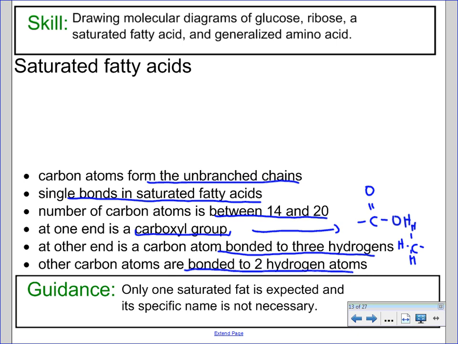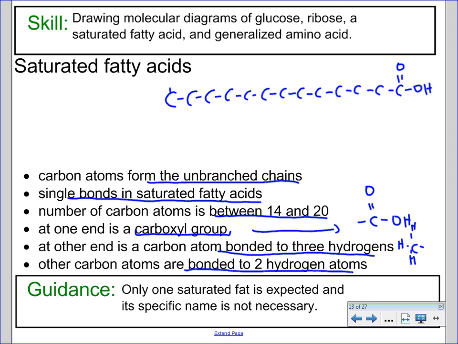So what would a drawing of this look like? So at one end, you would have your carboxyl group, sorry. And then you would have a chain of carbons. So I have 12 carbons in my chain.